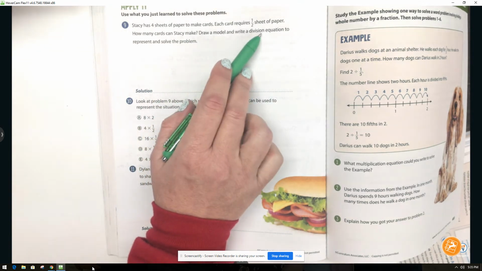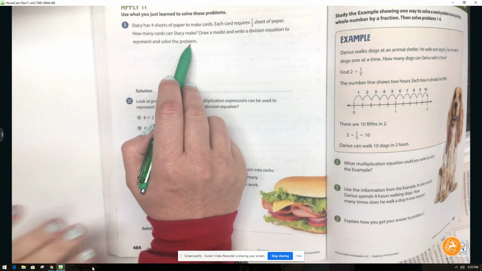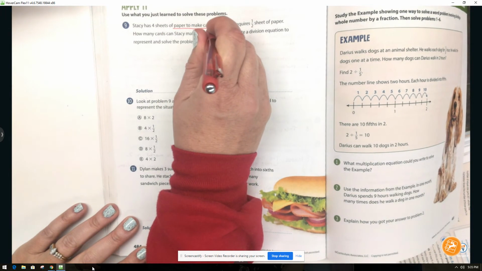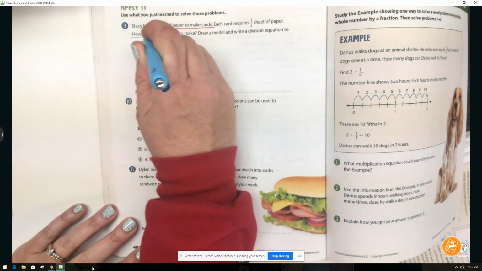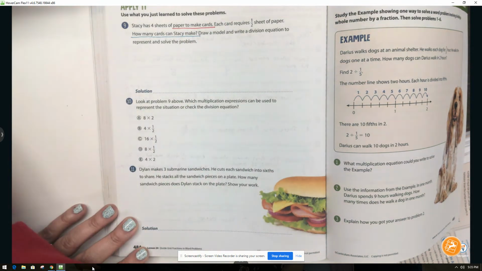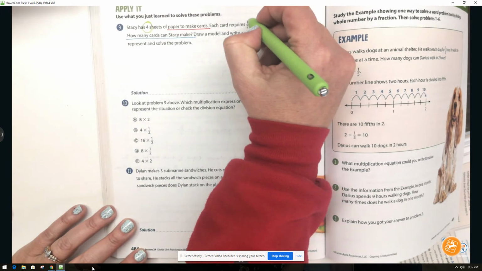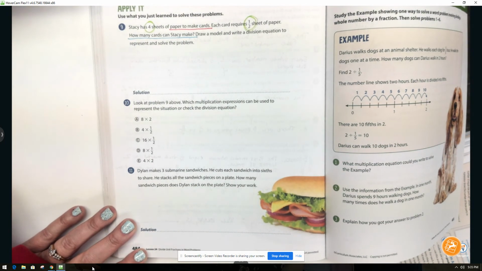Draw a model and write a division equation to represent and solve the problem. So first of all, this question is talking about paper to make cards. We want to know how many cards Stacy can make, and we know that she has 4 sheets of paper, and each card requires a half of a sheet of paper.